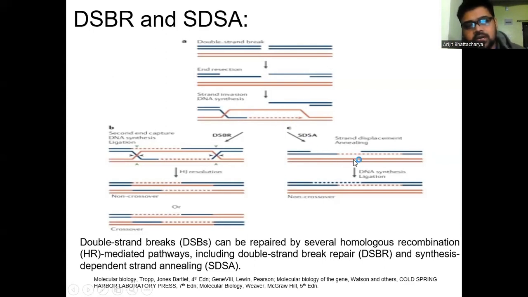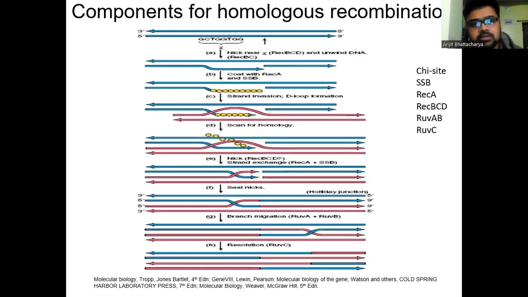So the lower DNA is reannealed, and this released DNA links with the other end of the fragmented DNA, and after that the second strand, the top strand, is synthesized and then ligated to form the completely repaired DNA. So this is a model which also explains how double strand break repair can be accomplished by synthesis dependent strand annealing. Both of these are valid models for recombination in double strand breaks.